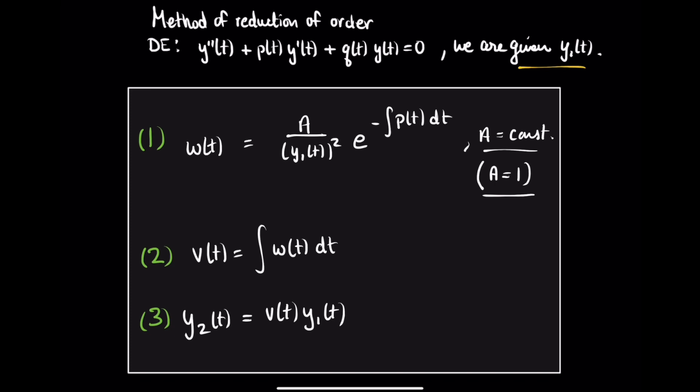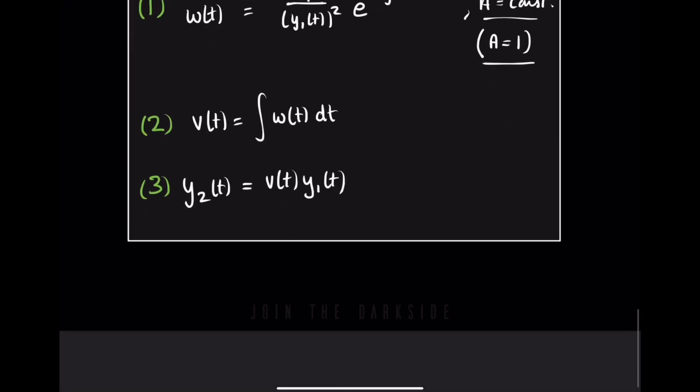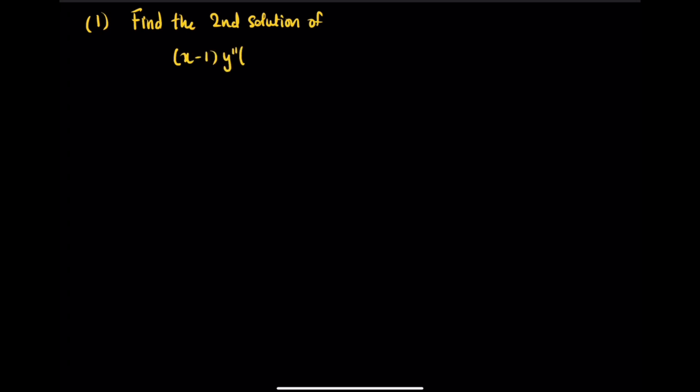The first example is: find the second solution of (x - 1)y''(x) - x y'(x) + y(x) = 0, such that x is greater than 1.